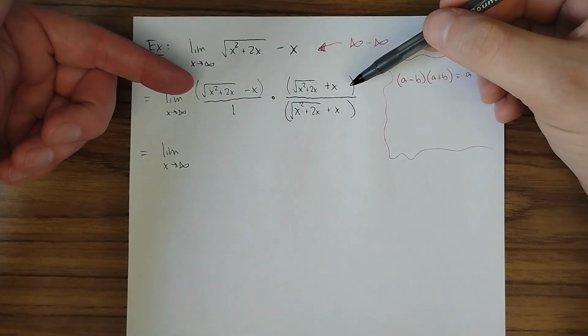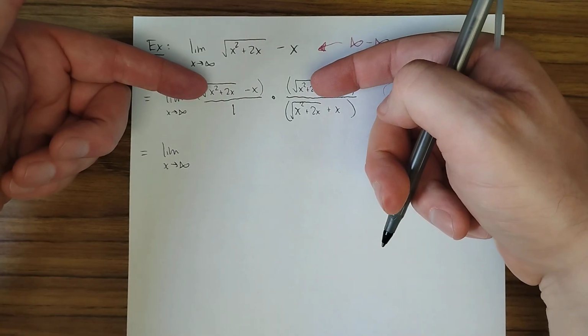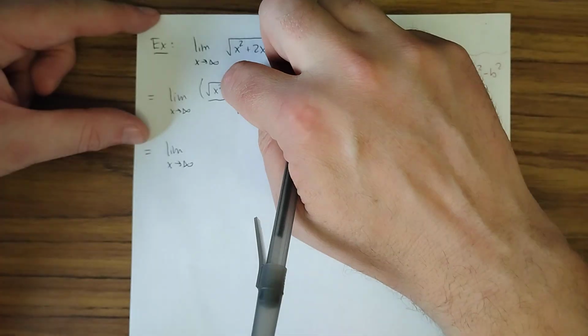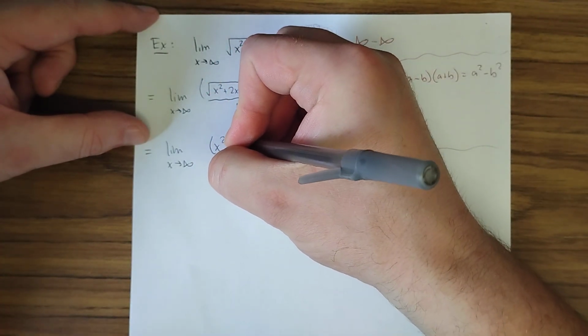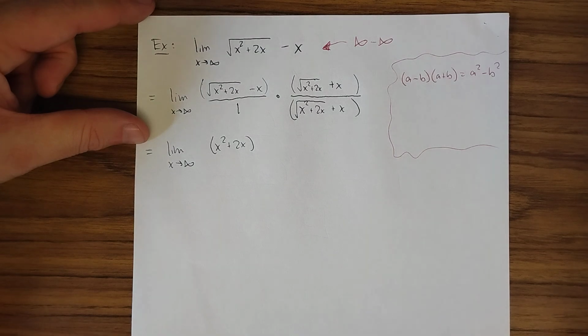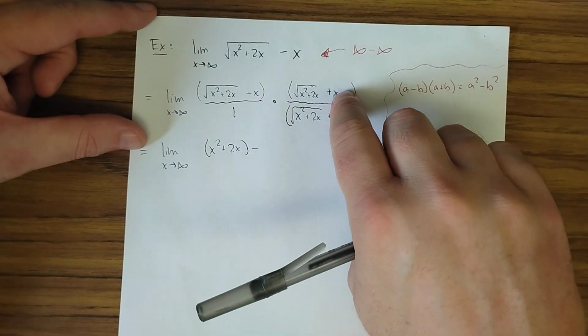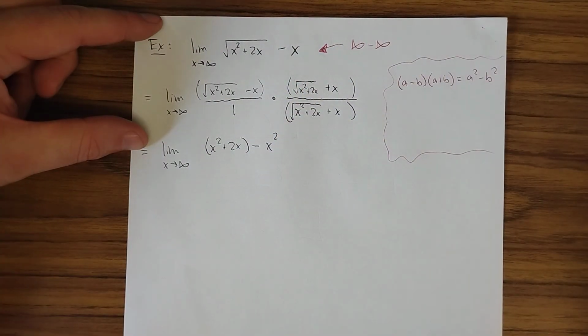So multiplying this out is easy. It's going to be a squared minus b squared. So I'm going to square this. This is my a, and when I square this, the square root just goes away. So that's my a squared. And then I'm going to subtract b squared, and b is just x.